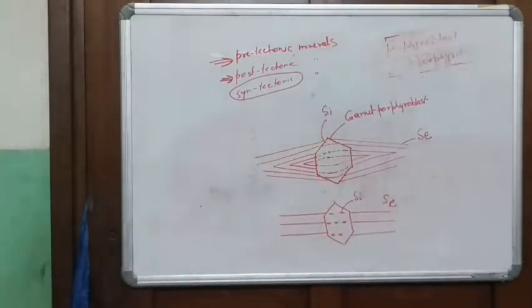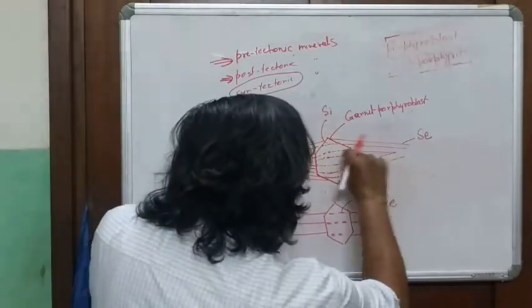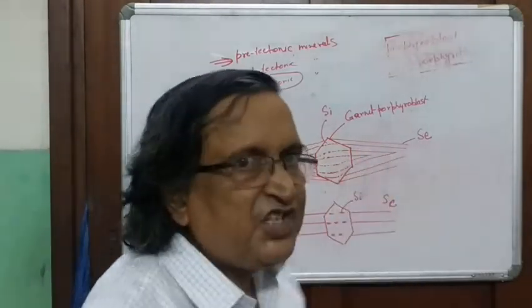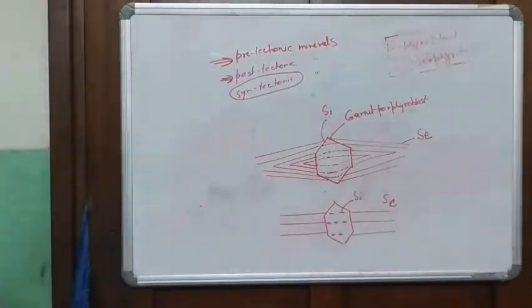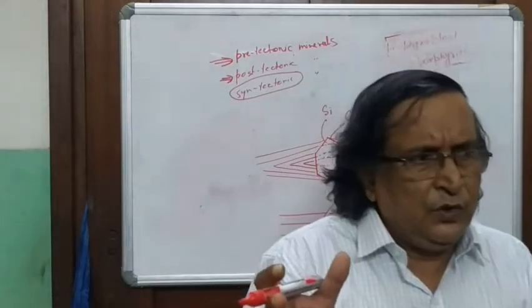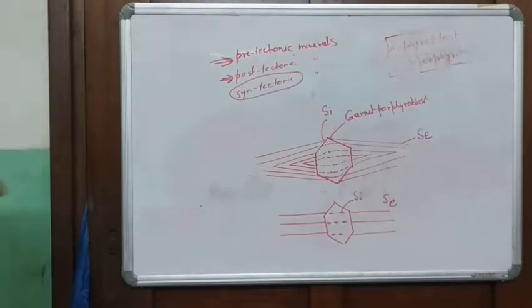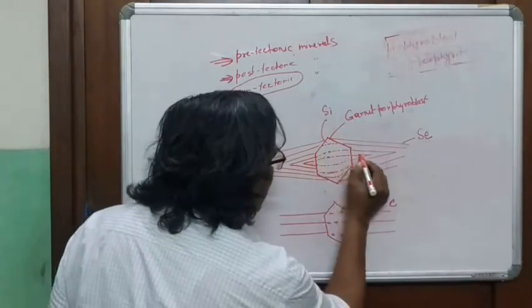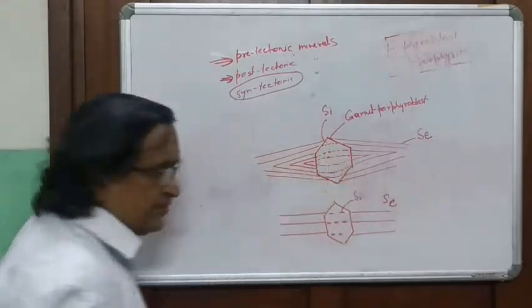Now you can see here something. Now here the external foliation is V-shaped. External foliation is V-shaped. There is no prominent pressure shadow. But there are these triangular matrices, and these are the external matrices.